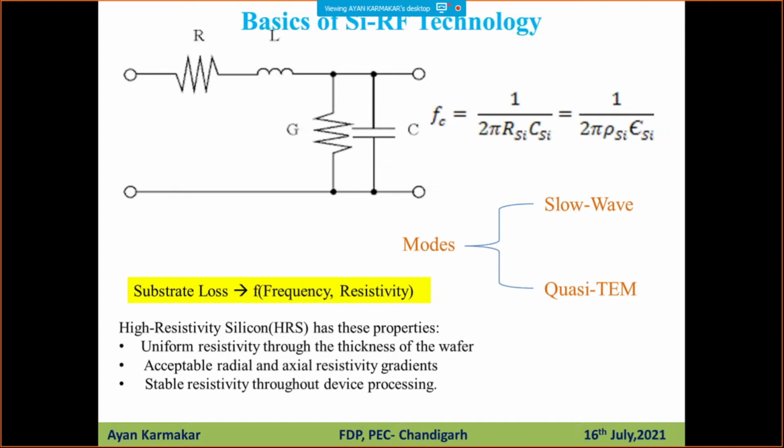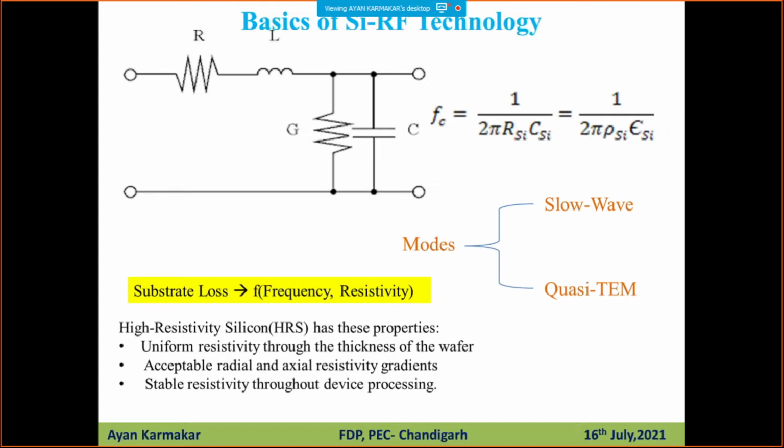Now, coming to the substrate or dielectric loss, this is where your substrate or dielectric material will be the culprit. So the main causes of this dielectric loss have to be found out.